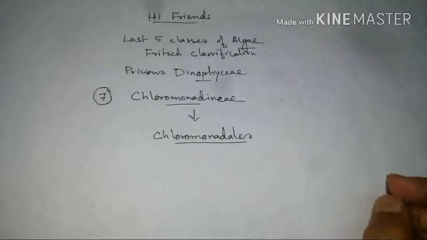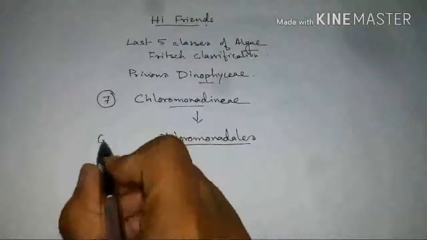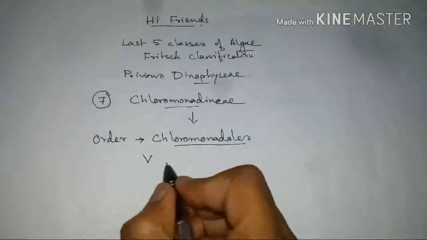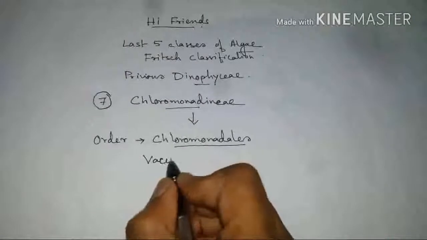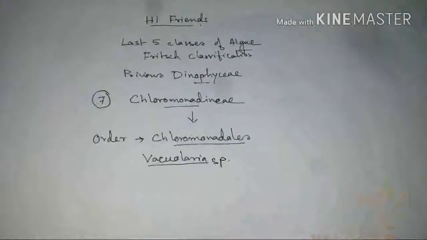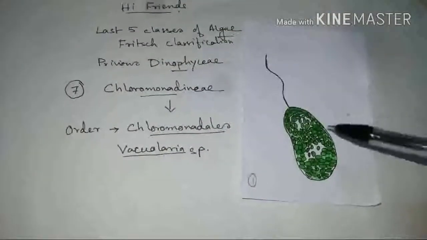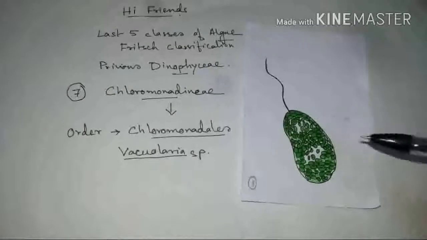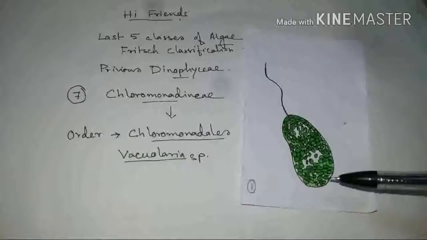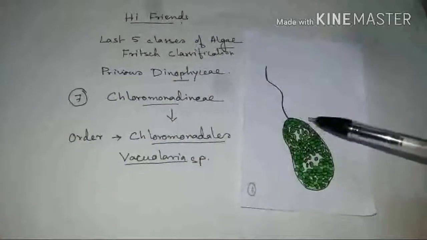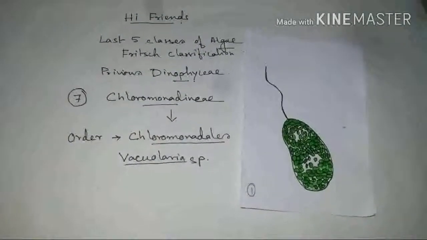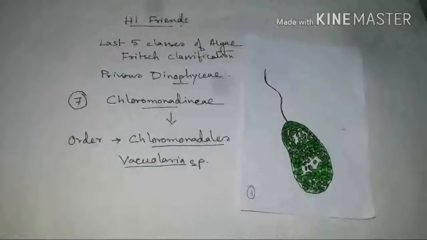An example of this order is Vacularia. It is a holotypic species, and here the flagella are the same length as the cell. So it is a Vacularia algae.